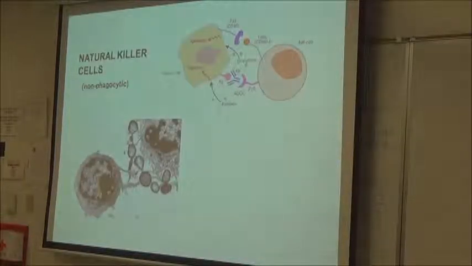Involved with this, we also have natural killer cells, or NK cells. These are actually a type of T cell, but they don't have to recognize any particular receptor. They recognize generalized components.